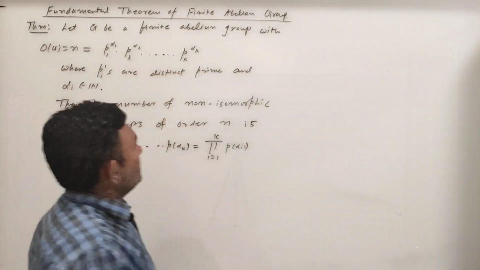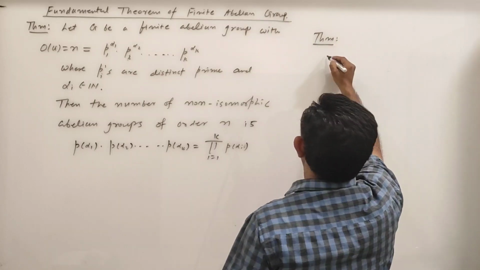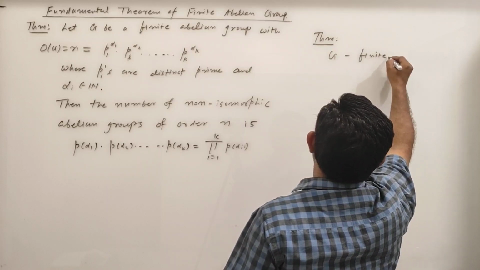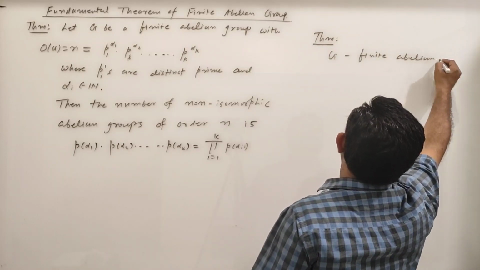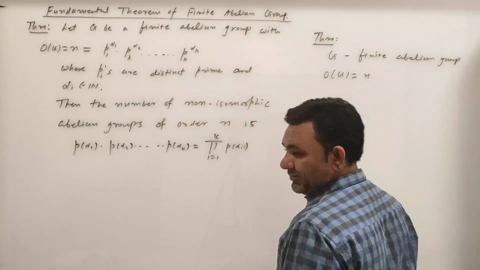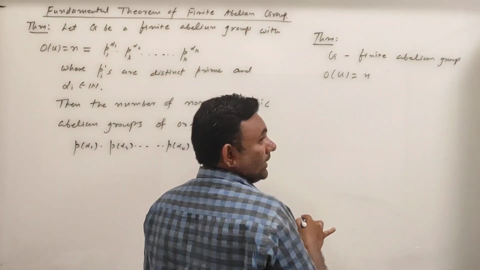Okay, so let me just recall the previous theorem. Previous theorem था वो क्या कह रहा था कि suppose G is a finite abelian group and order of G is say n. It is a finite abelian group of order n.